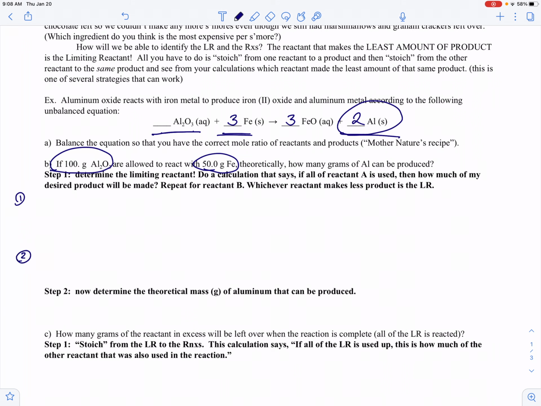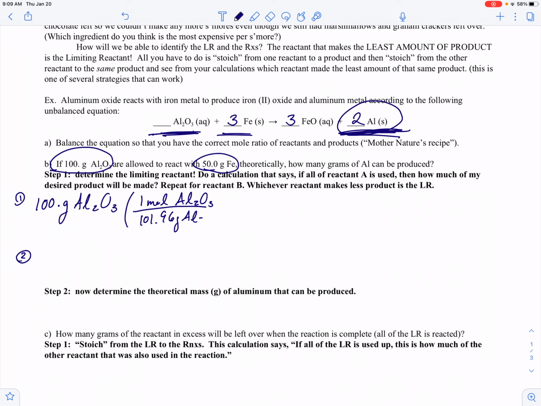In problem number 1, I'm going to see how many grams of aluminum I can make with my aluminum oxide first. So I'm going to start with my 100 grams of aluminum oxide, and I'm going to convert that into grams of aluminum. So if I had 100 grams of aluminum oxide, I know that every 1 mole of this is 101.96 grams.